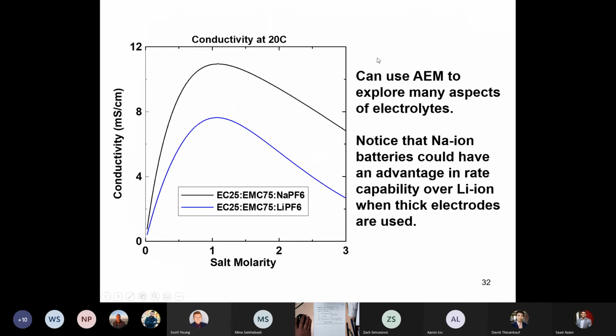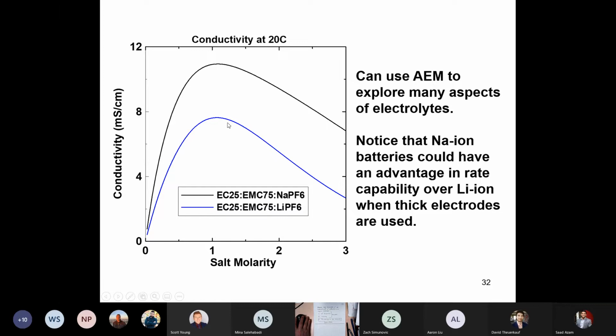Okay, so you can use the AEM to explore many aspects of electrolytes. This just shows the conductivity versus salt molarity at room temperature for sodium PF6 in EC/EMC versus LiPF6 in EC/EMC.